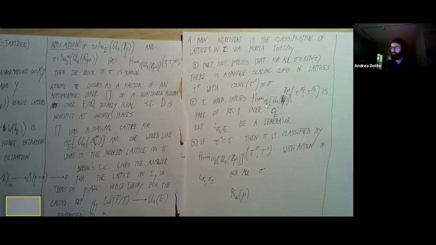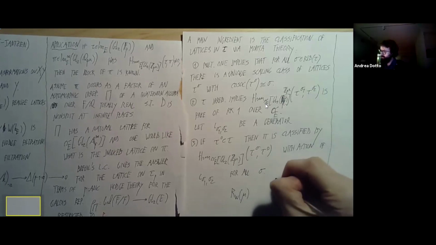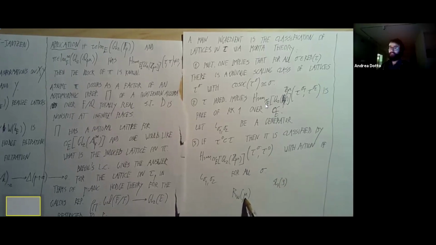I mean, for instance, if you look at SL3 with mu small, then yes, there are a lot of big characters where you have multiplicity 2. Yeah, no, okay, of course.